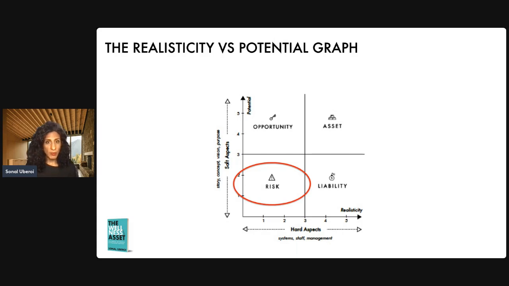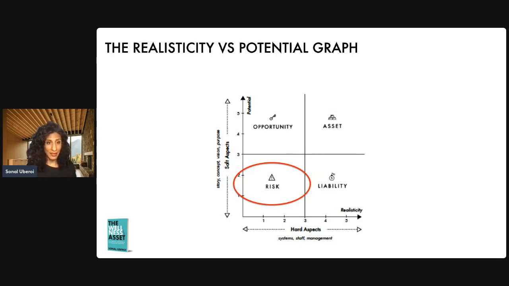Concepts in risk, the bottom left quadrant, score low in both realisticity and potential. So they're unrealistic to implement, and don't have the potential to become important revenue or value contributors. In many cases, they don't make business sense for the hotel to operate.